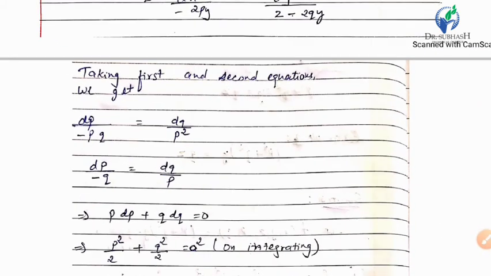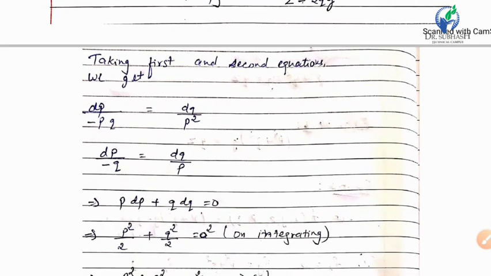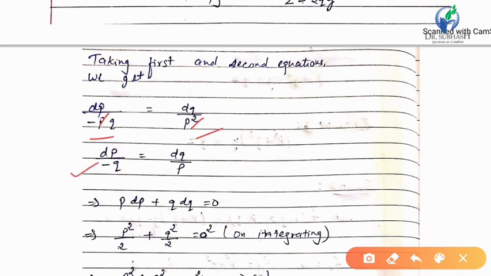In dq the q terms are getting cancelled, so I will only get dp upon minus pq and dq upon p square. Here again p will get cancelled from both sides, so the remaining terms are dp upon minus q and dq upon p. Now by cross multiplication we get p dp plus q dq equal to 0. Now we can easily integrate this equation.